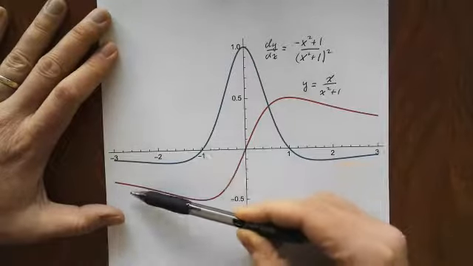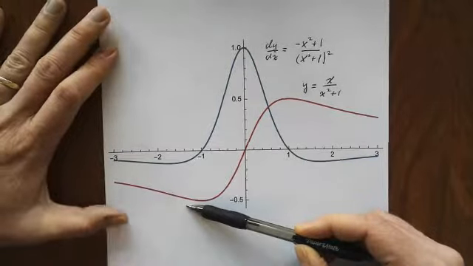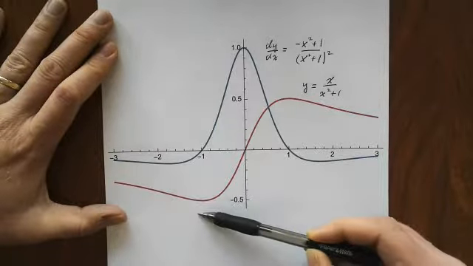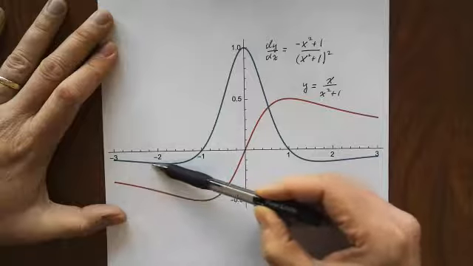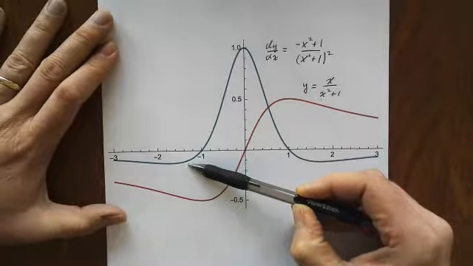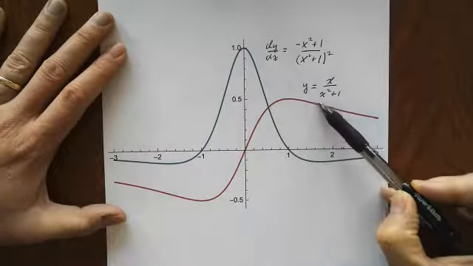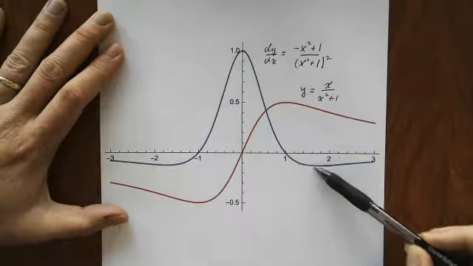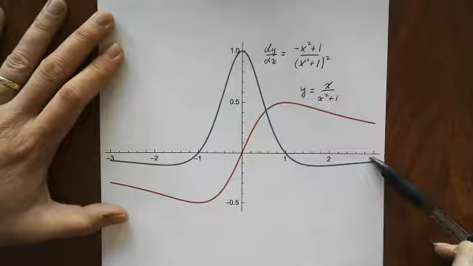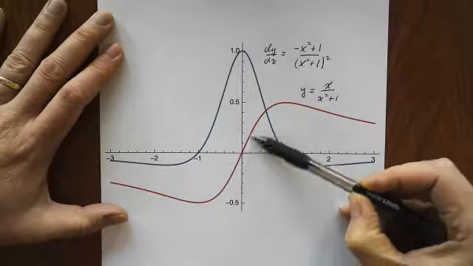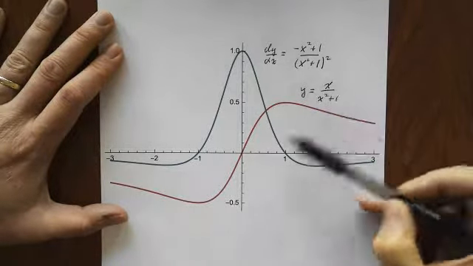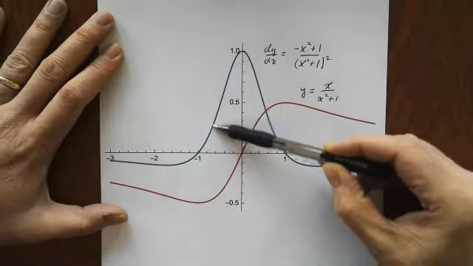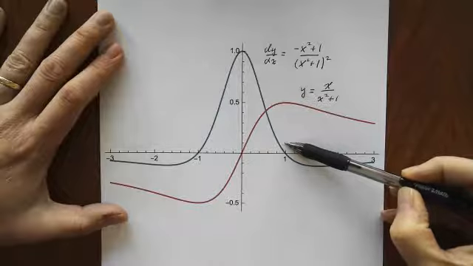Okay? In here, the function is decreasing, so the slope of the tangent line is negative everywhere. We see the derivative is below the axis, negative. Over here, we see that the function is decreasing, so the derivative is below, which is what we'd expect. Now, right in here, the function y equals x over x squared plus 1 is increasing, so the derivative should be positive or above the axis.